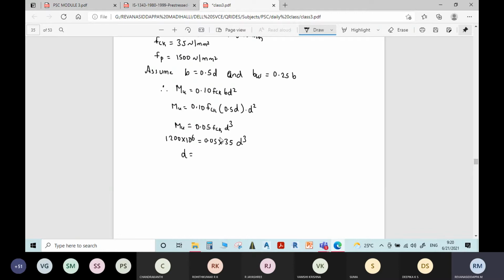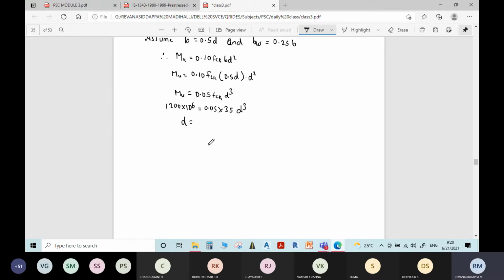How much will we get? 881.82. Yes, 881.82 mm. Okay, this is the required depth.